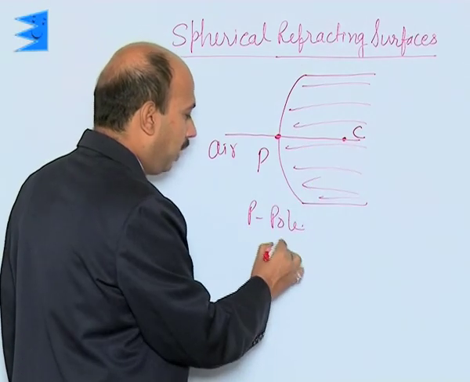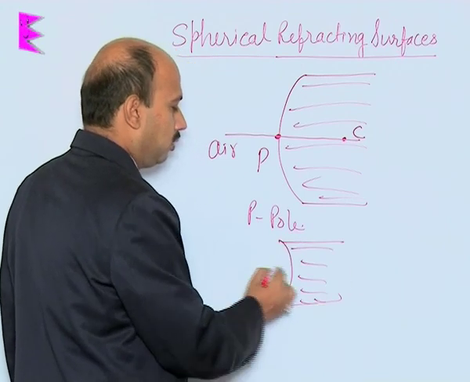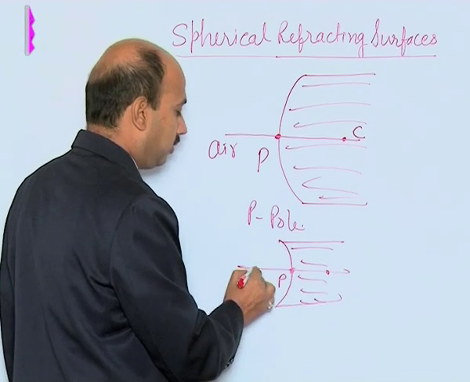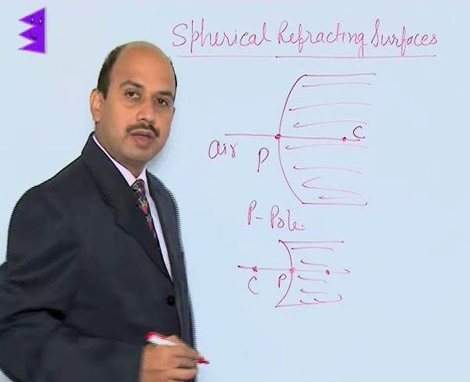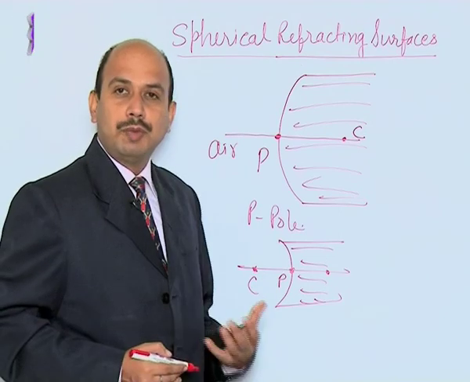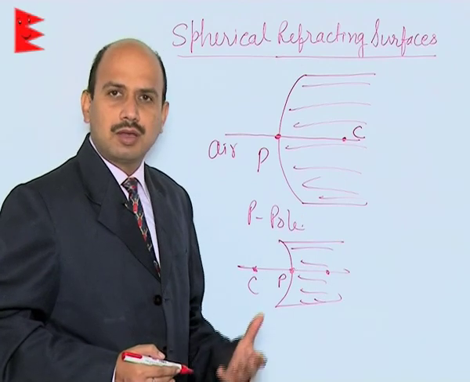Similarly, if you have taken a concave surface in this way, this one is known as the pole and this one, on this side, is taken as the center of curvature. Now we have to see the formation of images by these two surfaces, but certain assumptions are made here.